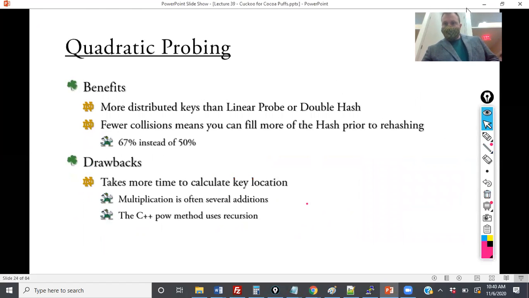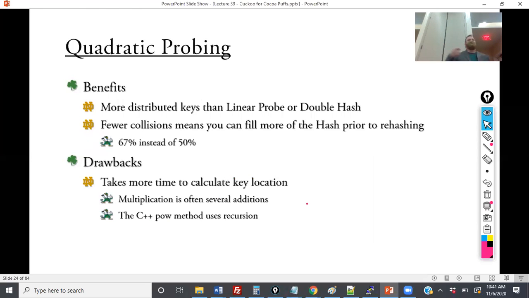So here are the benefits and drawbacks, and this might help describe a little more. More distributed keys than linear probe and double hash. What I was referring to is that we can fill up 67% of the bucket of the hash instead of 50% before we get too many excessive collisions. That's our goal in doing it this specific way.